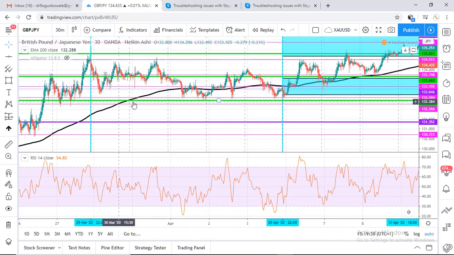So it looks more like gradually price is still climbing up on GBP JPY, but it's not a fast rising or fast ascent. This particular one was our base, and price has shifted upward.